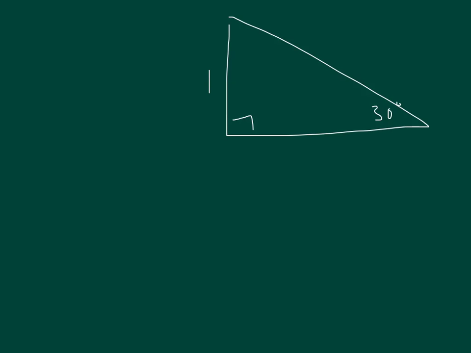The opposite side is 1. And I want to find the hypotenuse. Well, we can use the sides that we know along with our angle. So compared to the 30, this 1 is the opposite side. And x, the side we're looking for, that's the hypotenuse.